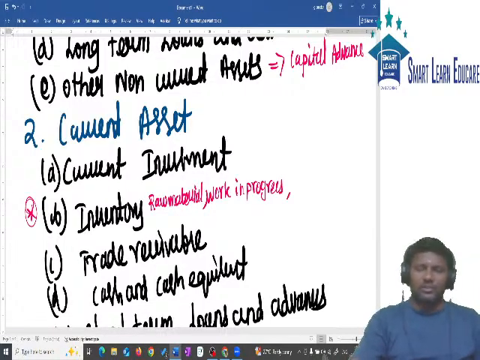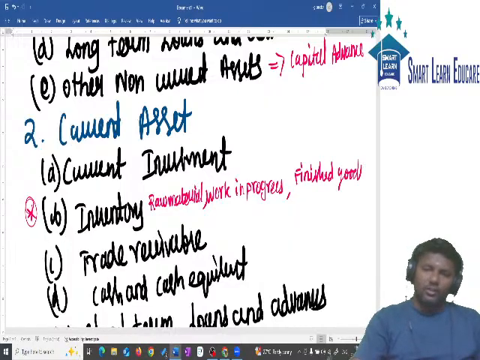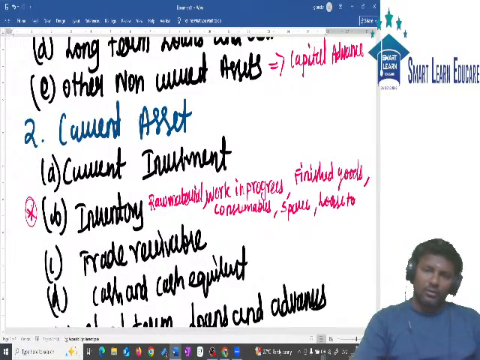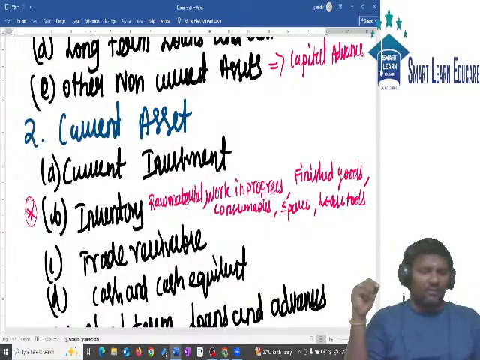Finished goods also reported. Consumables reported. Spares reported. Loose tools reported. We report all of these in one category, the category called inventory.